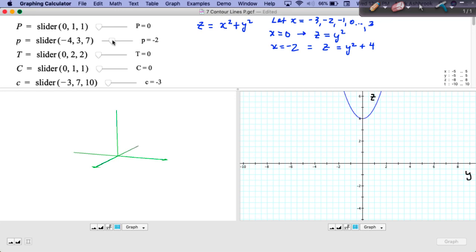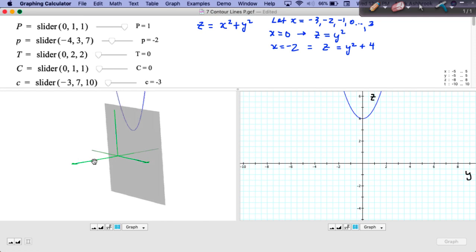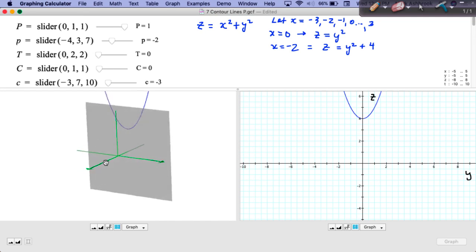And where will that live in the surface? At x equals negative 2, right? So here's the plane x equals negative 2. And so for the plane x equals negative 2, the trace of the surface will be this parabola y squared plus 4.